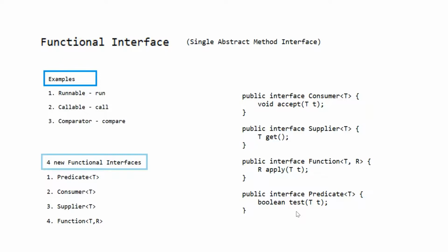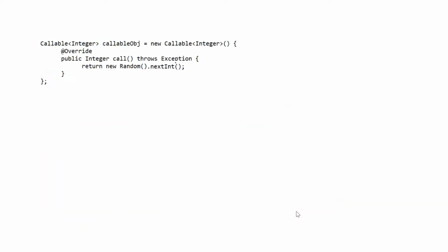We can just see an example for that. If you take the Callable interface, which is a functional interface, this is how we write it. This is an example of a Supplier. It is not taking any argument, but it is going to give you a random integer value. We can write the same Callable interface as a lambda expression.